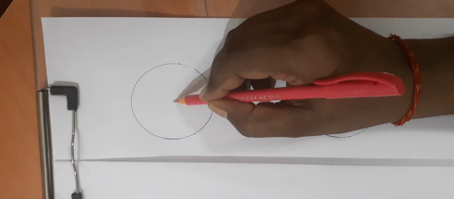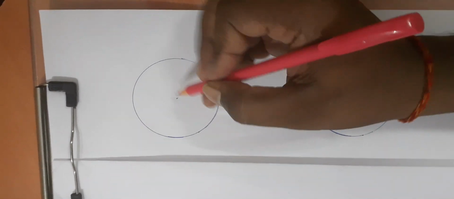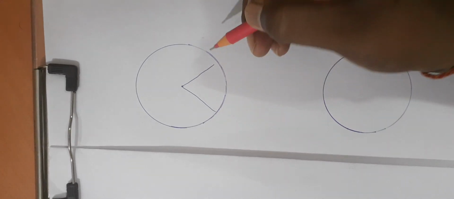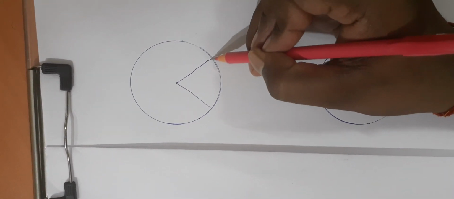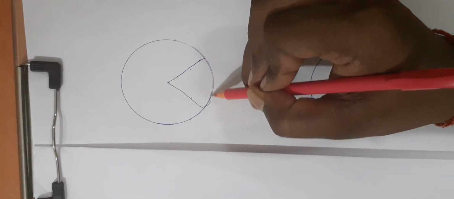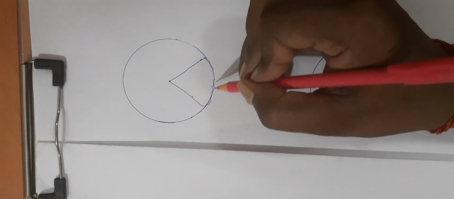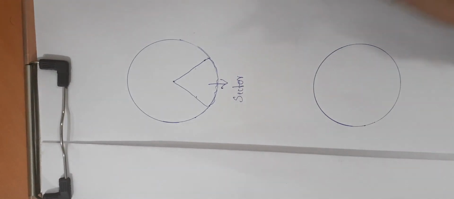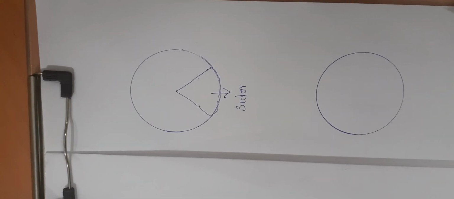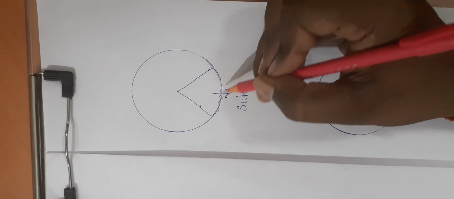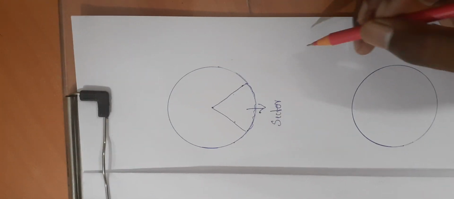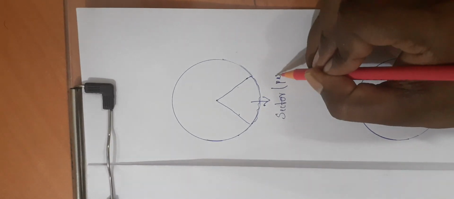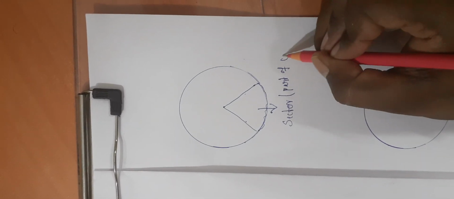So friends, this is a circle. When an area is enclosed by two radii and the arc, this portion is the arc, and this part is known as the sector, right? The sector is a part of the circle.